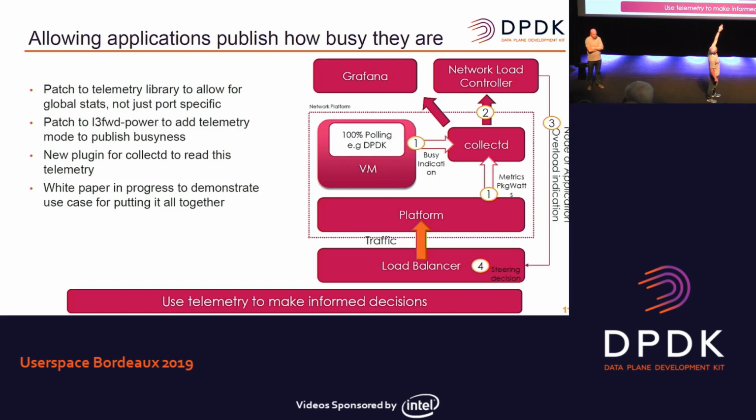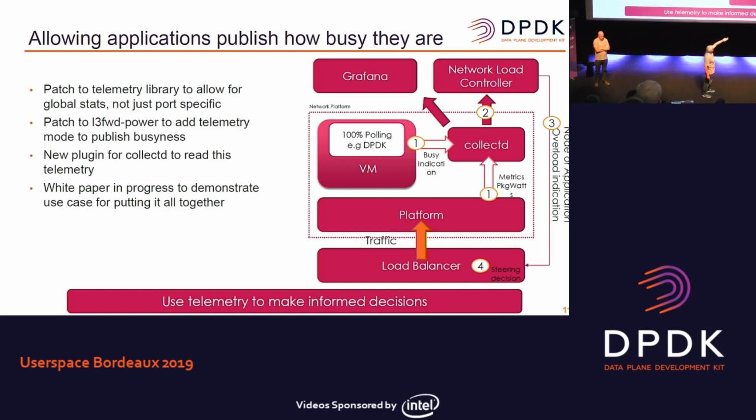And we'll see some graphs later on from Grafana. The network load controller is actually Grafana's alert manager that sends alerts right down to T-Rex, and T-Rex then load balances back into the platform, so we can balance between VMs depending on overload. So we're hitting overload situations, and we're increasing traffic onto other VMs, and spreading the load. So we'll see that in a minute.